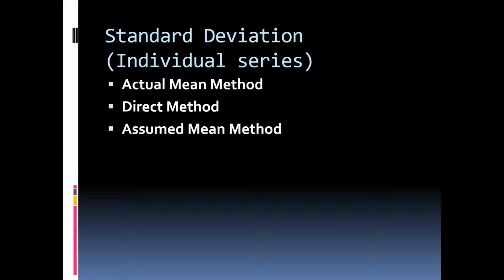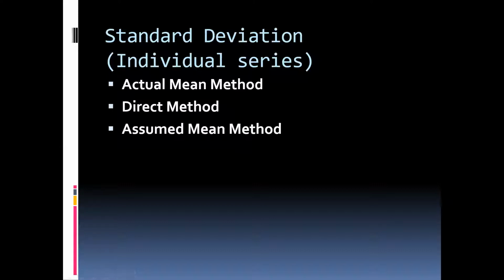To begin with, we'll be learning how to calculate standard deviation in case of individual series. And there are three methods for calculating standard deviation in case of individual series. The first is actual mean method. Second method is direct method. And third method is assumed mean method.